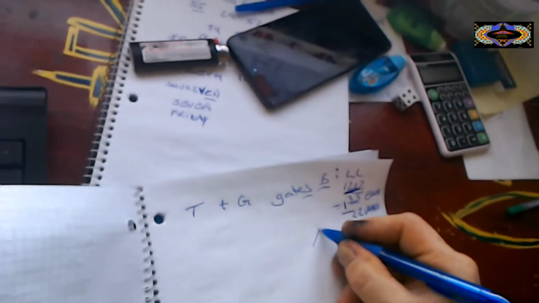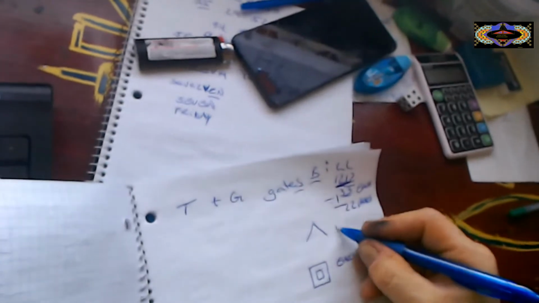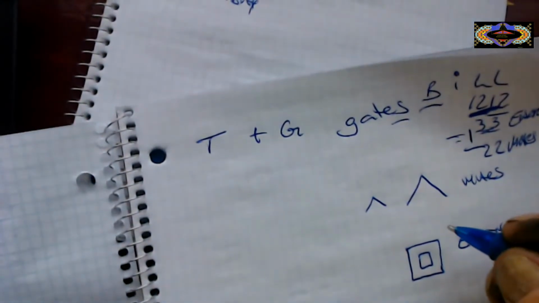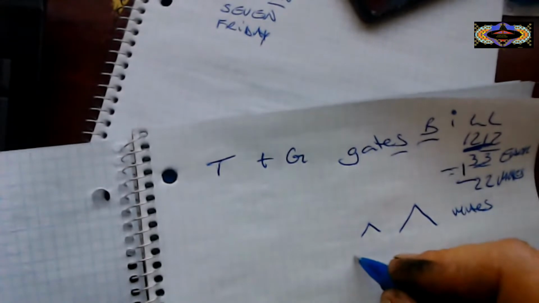22 will leave you a point. 33 is going to leave you, this is Earth. This is Mars. Mars can be done just like that. And then you have Earth that can be done like that.